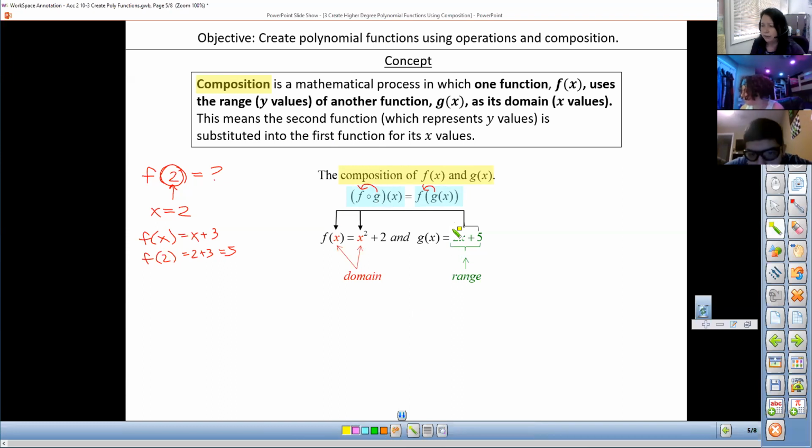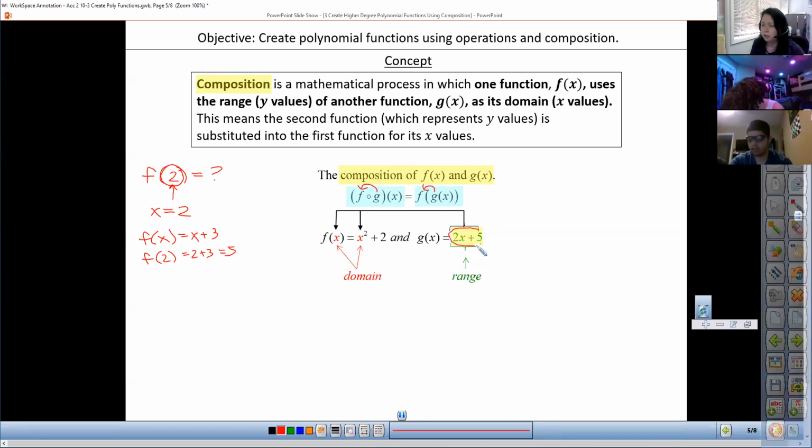So here's our g of x. g of x is 2x plus 5. So what composition says is that we would take this 2x plus 5, and everywhere in the first function f we had an x, we would substitute those x's, replace those x's with 2x plus 5.